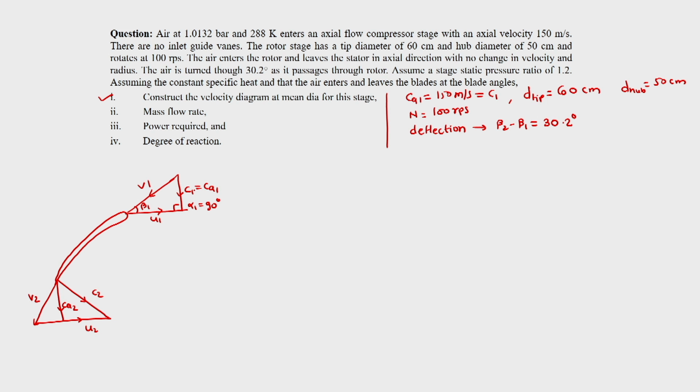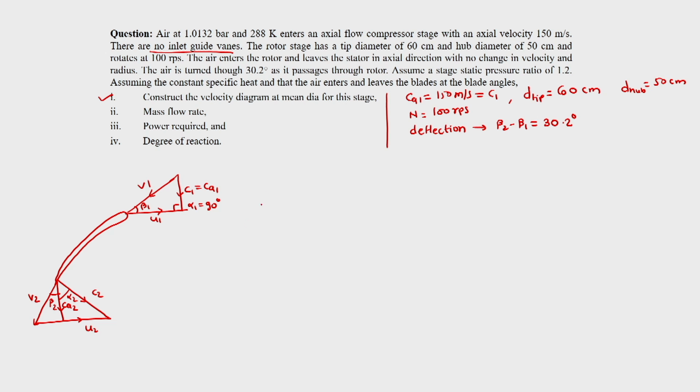Since we are told that there is no guide vane, the air is coming directly in the axial direction, so the absolute velocity is axial. It is mentioned in the example. Having said this, this is beta 2, and this is alpha 2.